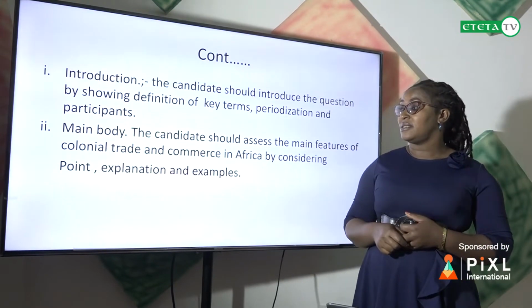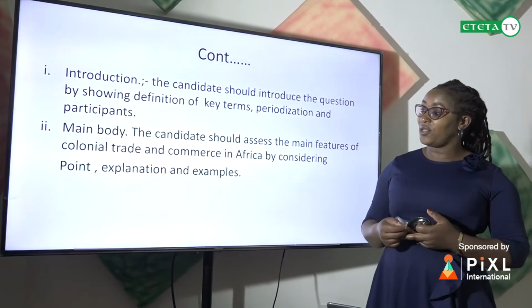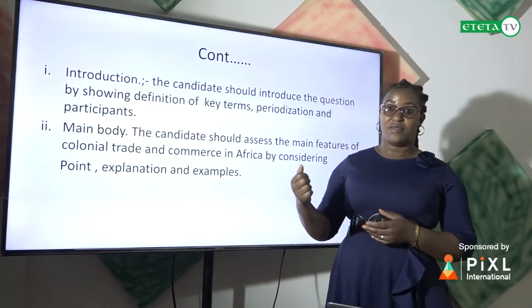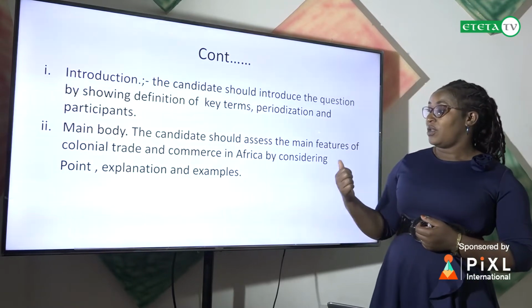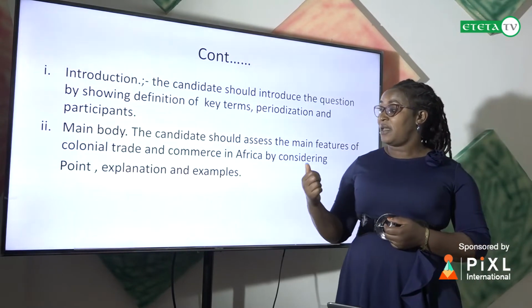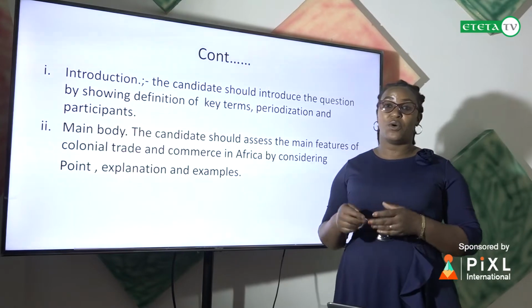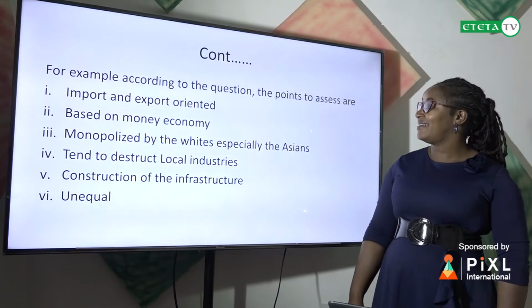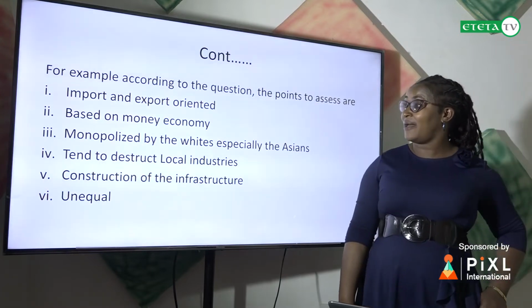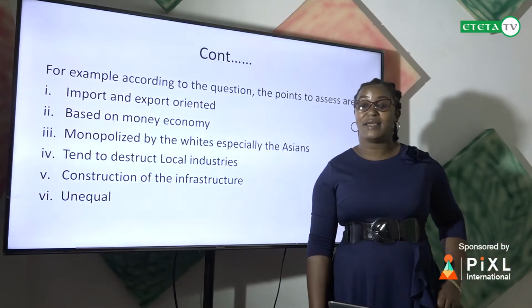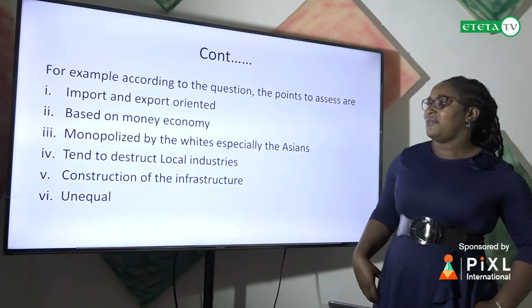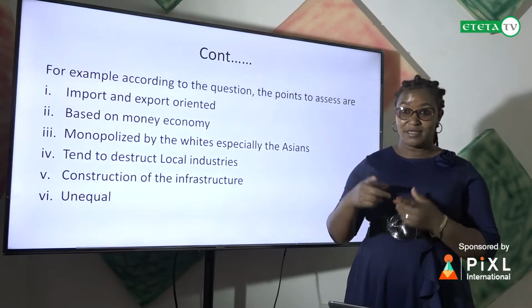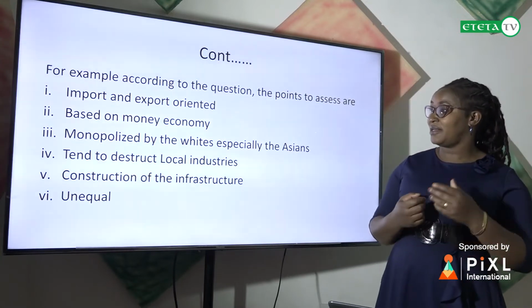When the candidate is citing the point, it should reflect the explanation he or she is going to give, but also cite an example or examples if possible. For example, according to the question, the points to assess are, number 1, import and export oriented. Under this we mean they exported raw materials and imported manufactured goods.